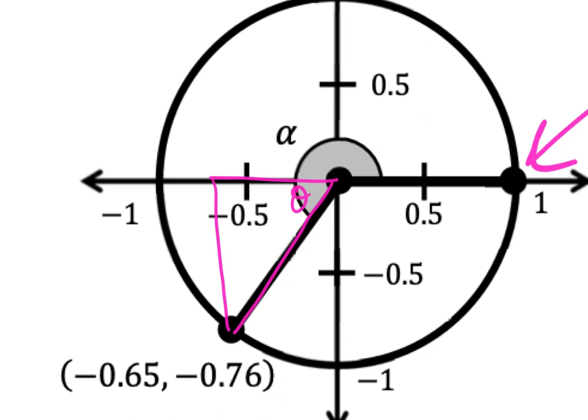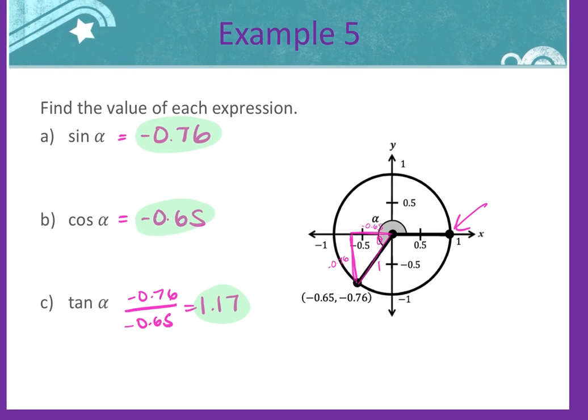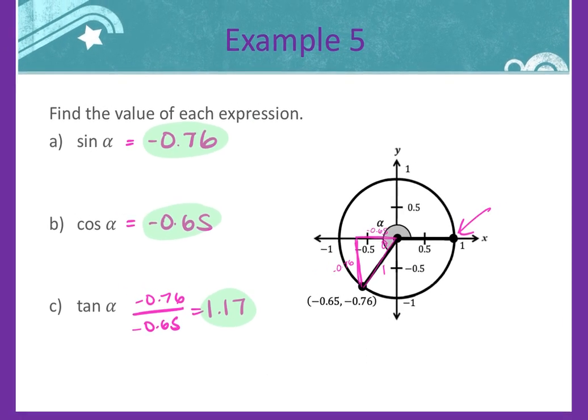So the x-coordinate, which is here, is negative 0.65. The y-coordinate, which would go here, is negative 0.76. And then the radius is 1. Always x-axis up or x-axis down to wherever the terminal angle is. You're making a reference angle, basically, if you're doing it that way. Questions? Okay.